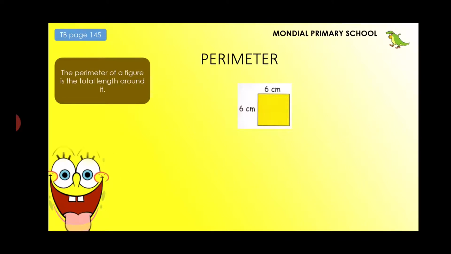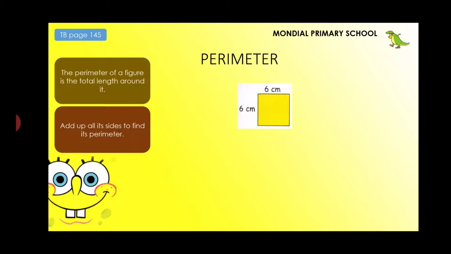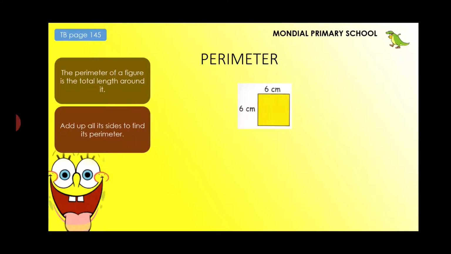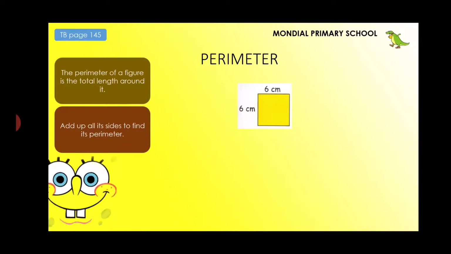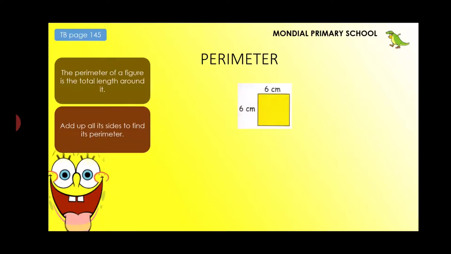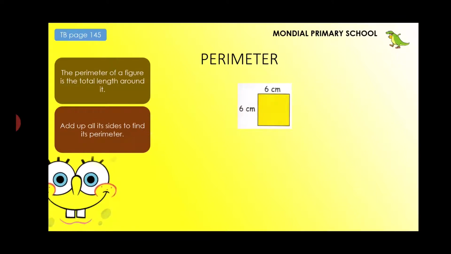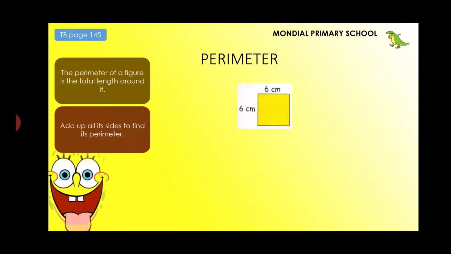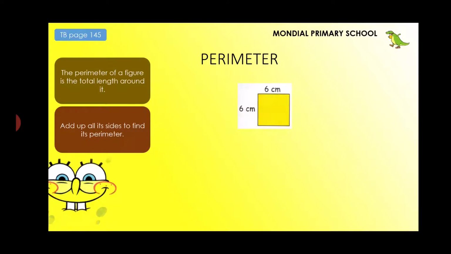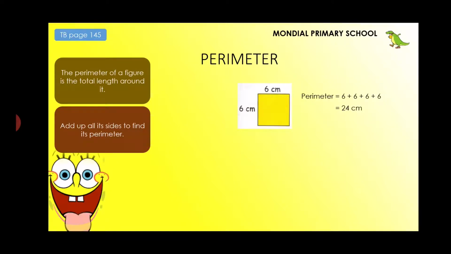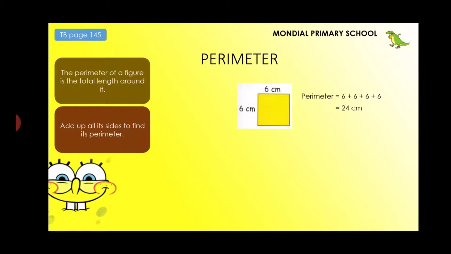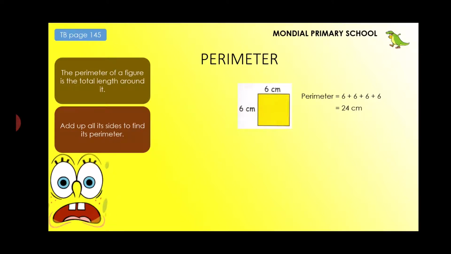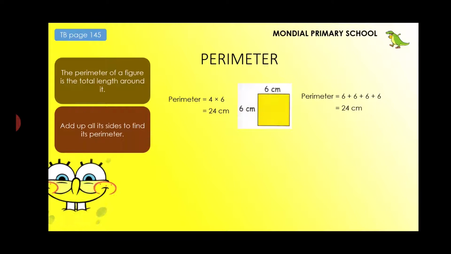Hence, we have to add up all its sides to find its perimeter. Is there another way to find the perimeter of the square? Yes, the square has 4 equal sides, so there are 4 sixes to be added, or we multiply the length of the side by 4.